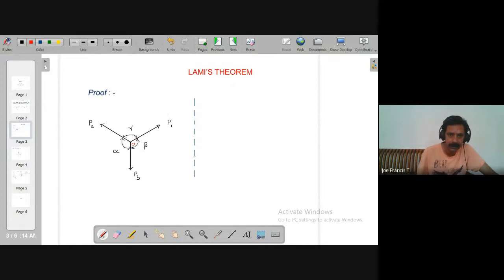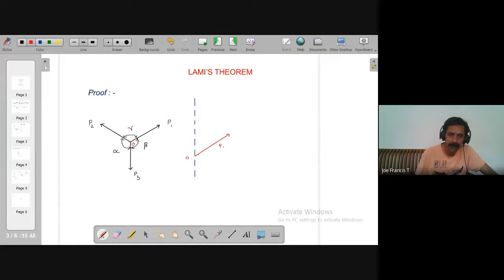So this point is O. All right, I try to draw this force P1. So draw a line which is parallel to the force, right? I draw a line parallel to this P1. So this is P1.